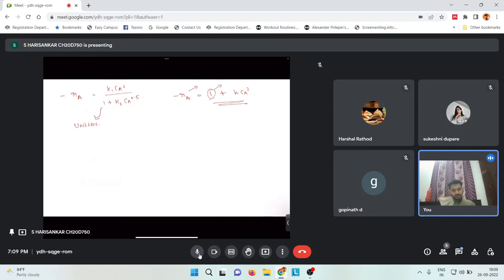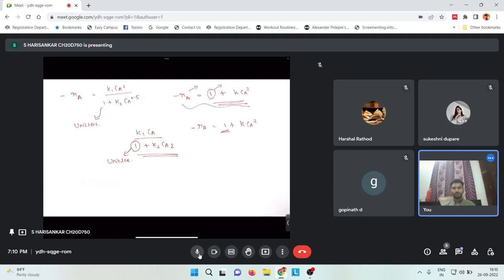Like in this case, K1 Ca by 1 plus K2 Ca, only in these kinds of scenarios is it safe to assume that this one is unitless. If it appears in the numerator, or like in this case, minus Ra is equal to 1 plus K Ca square or Ca cube or whatever, then this one definitely has a unit.